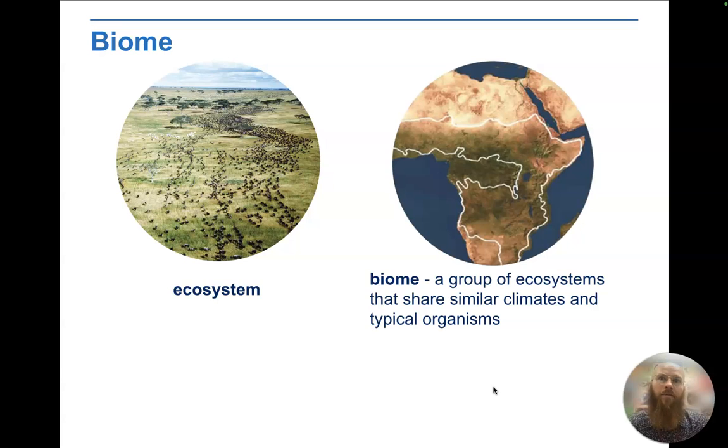You might think of deserts as being a lot of sun, very little rain, usually very hot and dry. You would think that organisms who do well in the desert probably are going to be nocturnal or really good at conserving water. And so that desert biome is basically referring to a general characteristic or set of characteristics for all deserts.